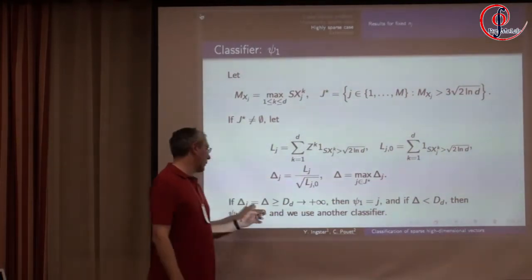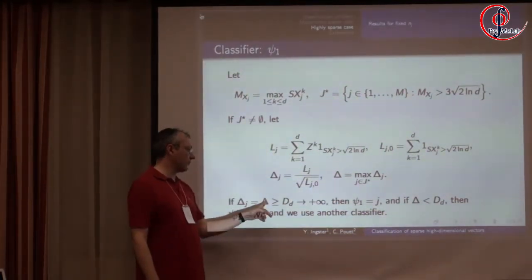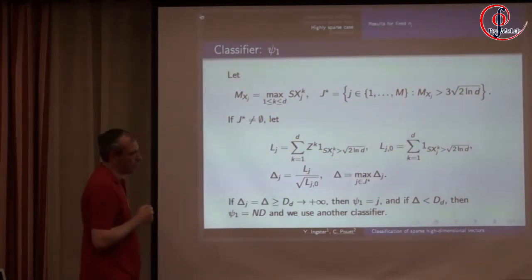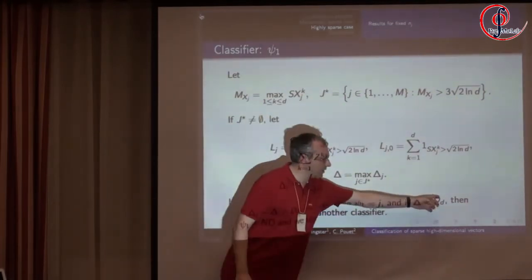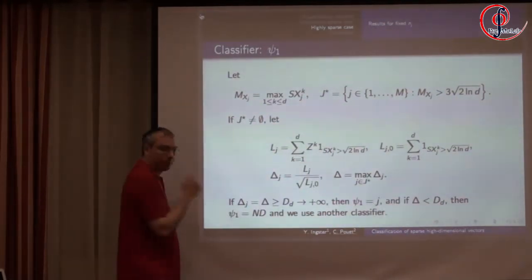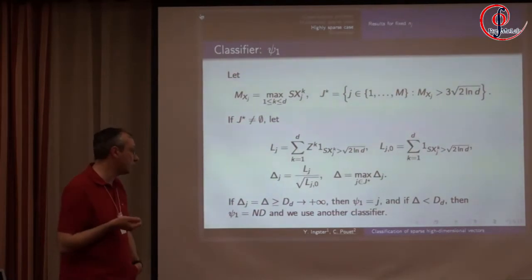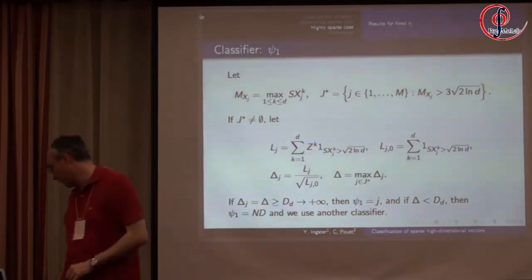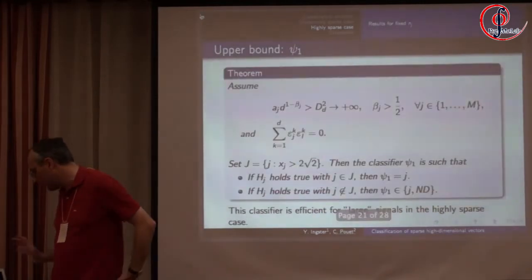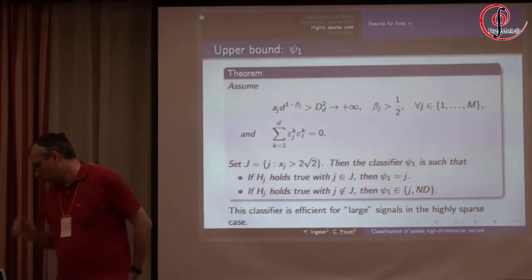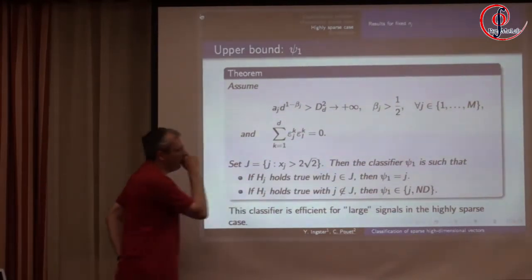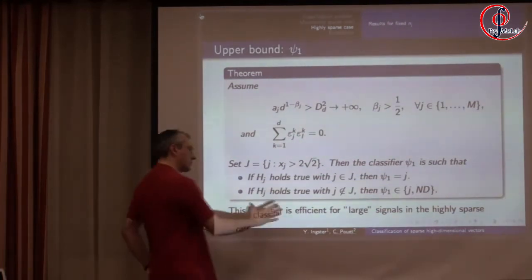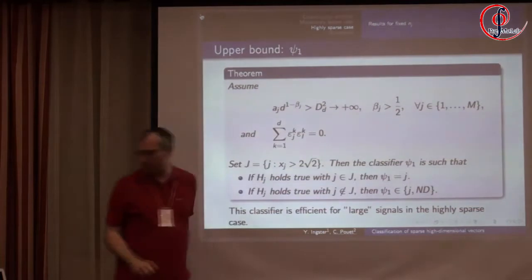And the point where you have the maximum of delta will be equal to j. So this is your classifier. And if delta is smaller than the threshold, then your classifier will take no decision, and then you have to use another classifier. Okay, so with this classifier, we get rid of large signal in the highly sparse case. So in fact, this works. This is what this theorem says. So this classifier is really efficient for large signal in the highly sparse case. This is what is important.